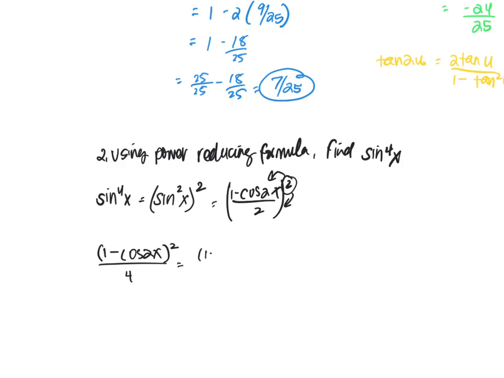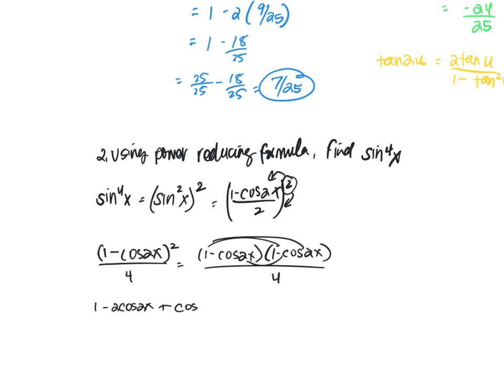And let's multiply this out, because remember, we can't just square the 1 and square cosine 2x. It's going to be 1 minus cosine 2x times itself. And then if we multiply it out, we get 1 minus 2 cosine 2x plus cosine squared 2x, and this is all divided by 4.